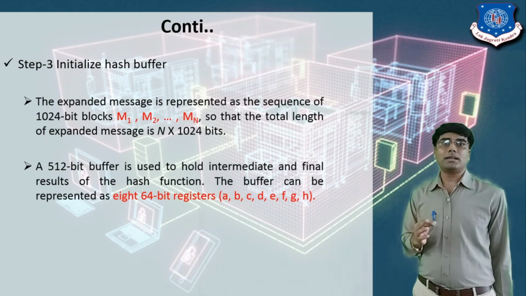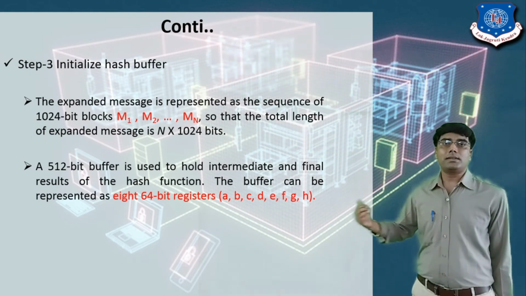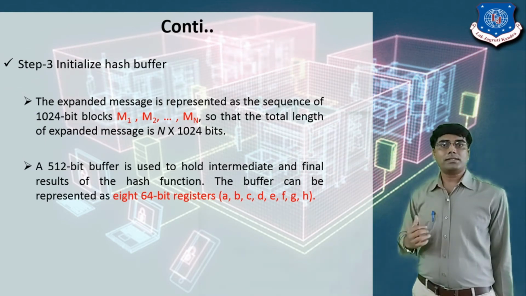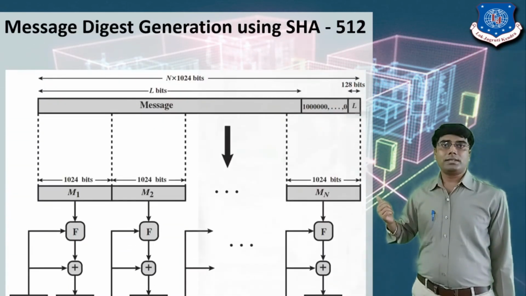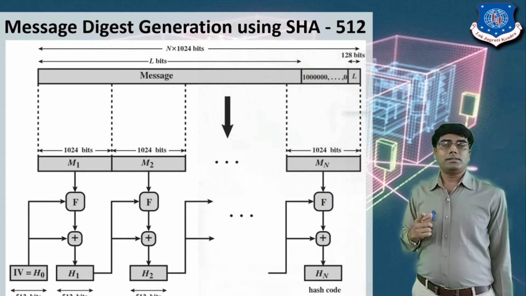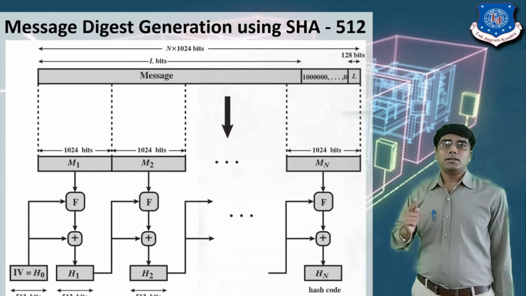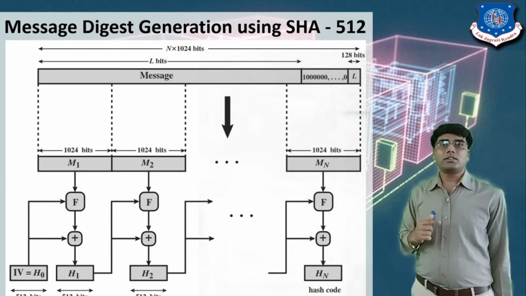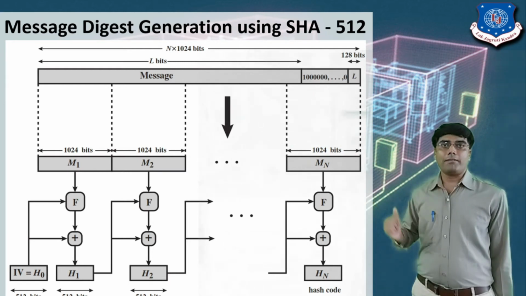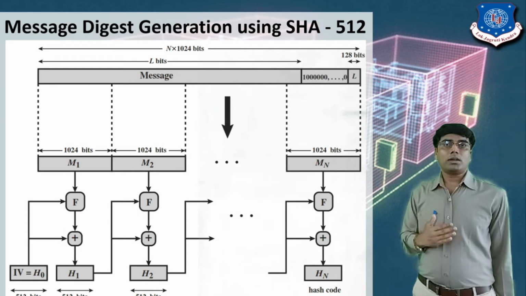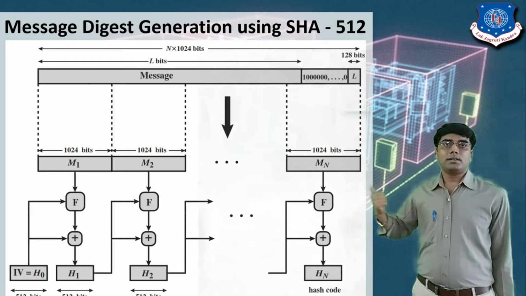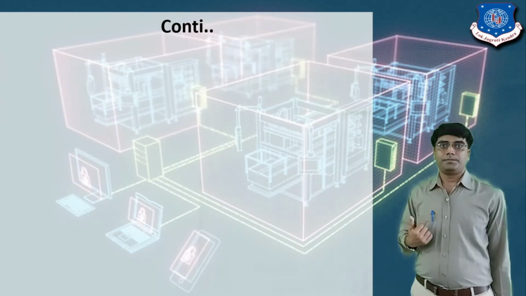Here we also initialize the hash buffer with the help of an initialization vector, which is filled with random numbers. Then, as we have already seen, the message is divided into fixed-size blocks: the first block is M1 with a size of 1024 bits, and the second block is M2 with a size of 1024 bits.